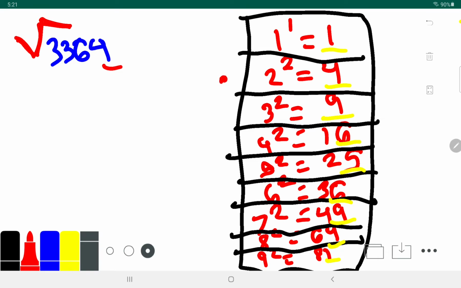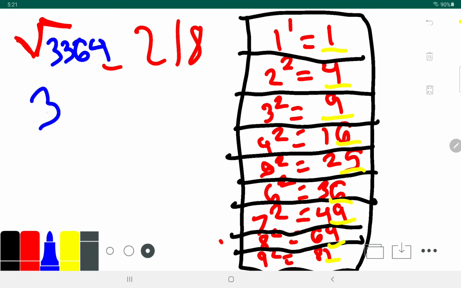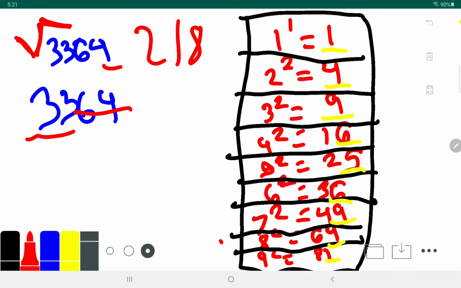So we have 2 and we have 8. 2 or 8 is going to be our last number. Now again, we want to cross out the last two digits. So now we have 33.